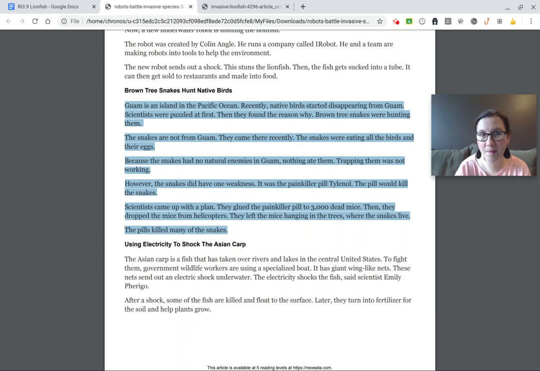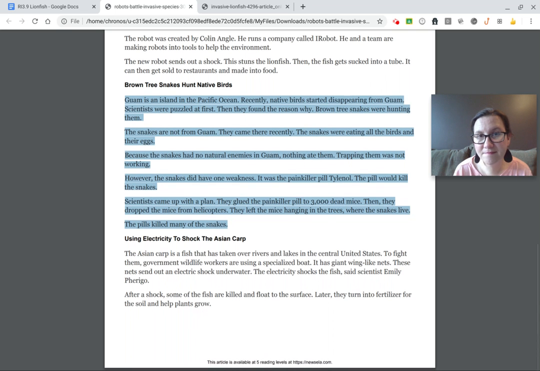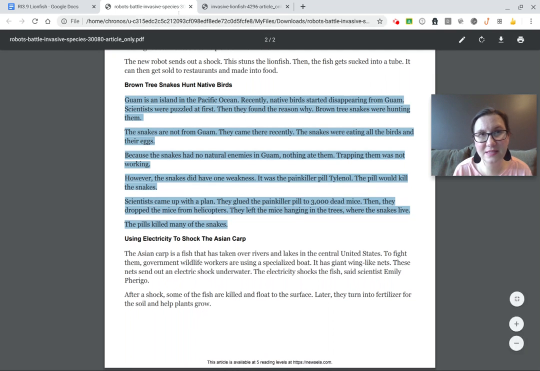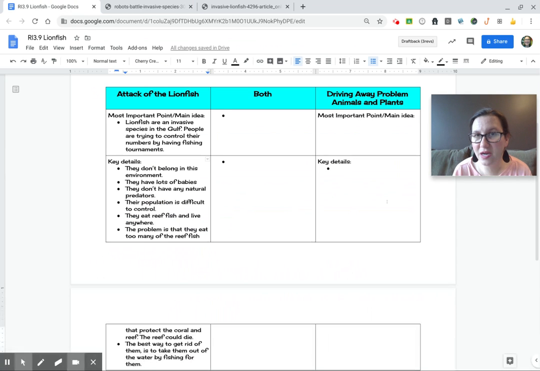You can't just write down brown tree snakes. You've got to talk about what that problem is and how someone is trying to solve that problem. Once you have your response, go ahead and add it to our Google Doc under the section called Key Details. Go ahead and pause the video to do so now.